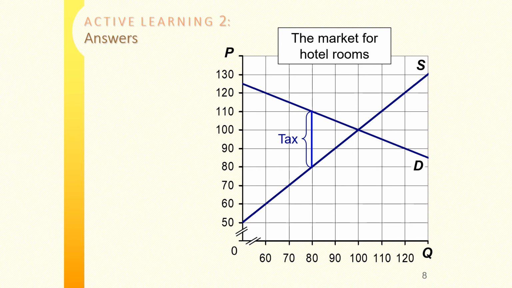And how will this impact the buyers? How much are the buyers going to pay? This is 110. You can extend it and see that the buyers are now going to pay 110 instead of 100, whereas the sellers are going to receive 80 instead of 100.